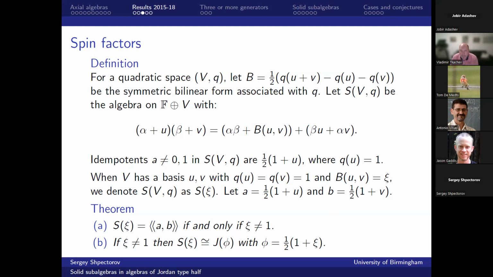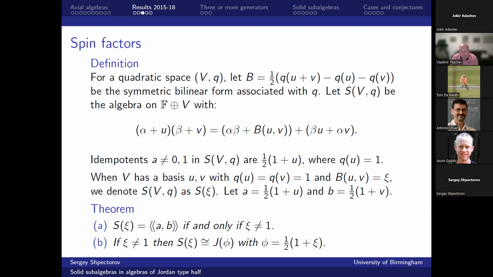Then the spin factor S(V,Q) is the algebra defined on F plus V. So every vector is a pair, a scalar and a vector from V. And multiplication is given by the formula here.